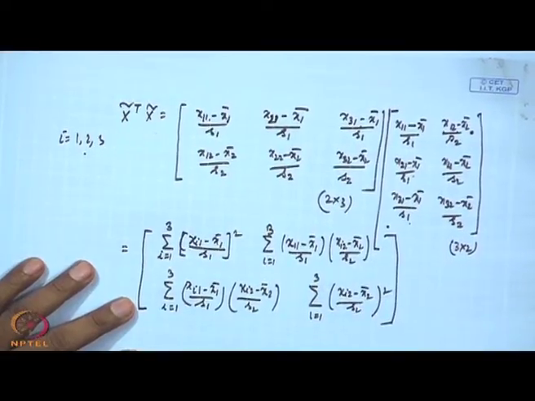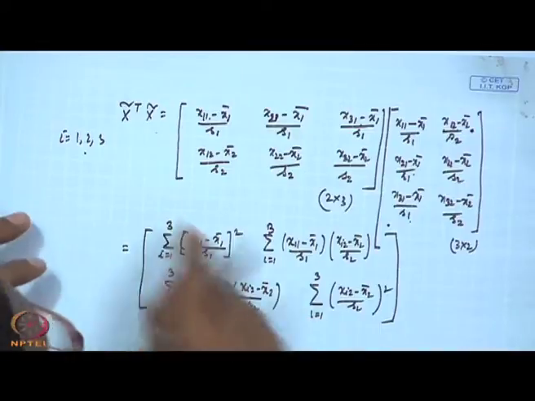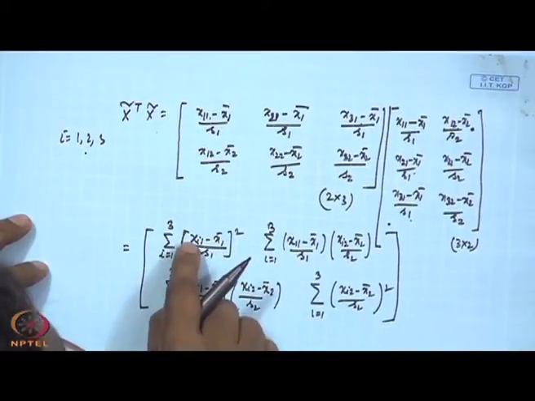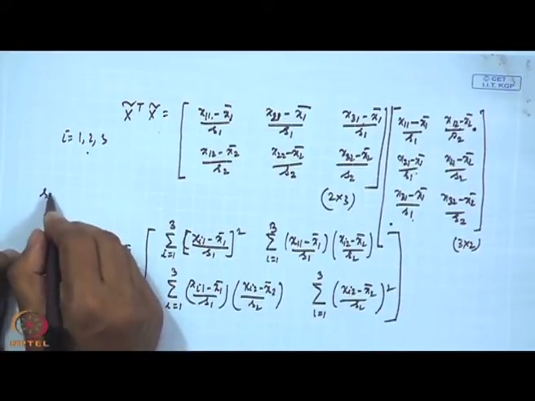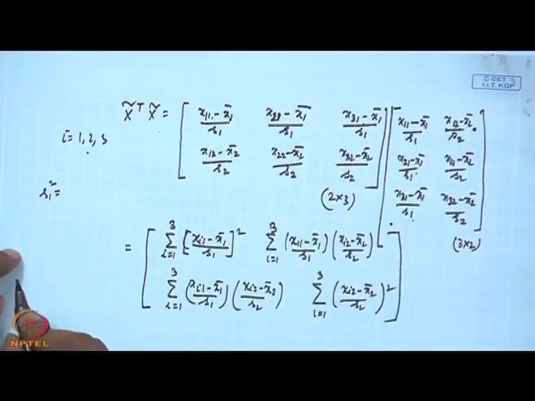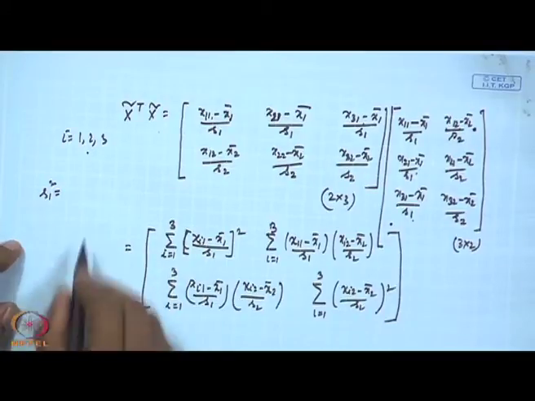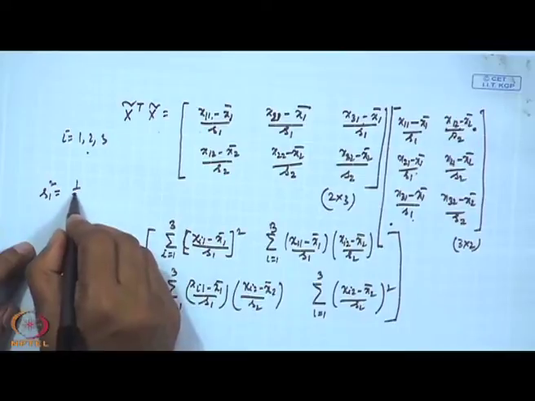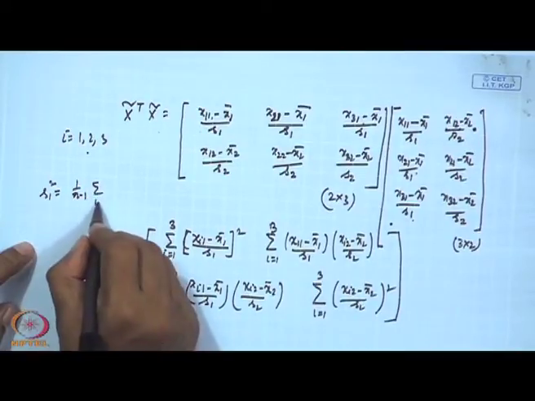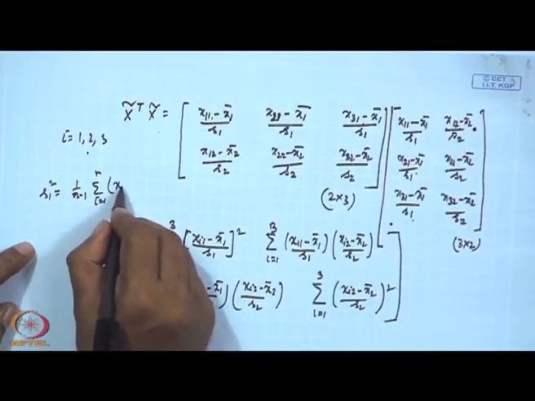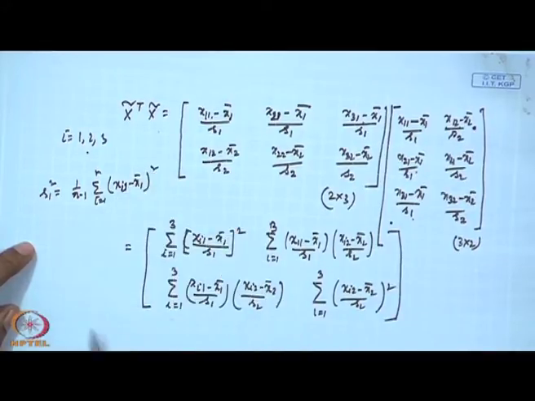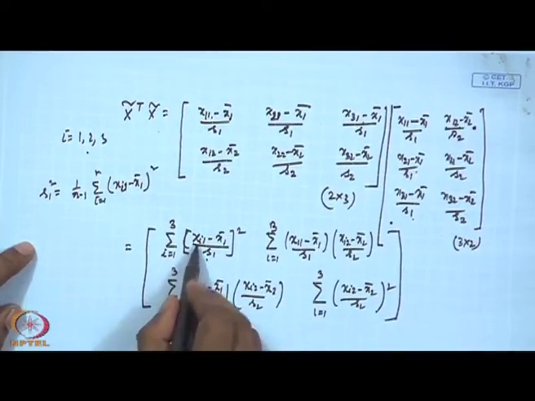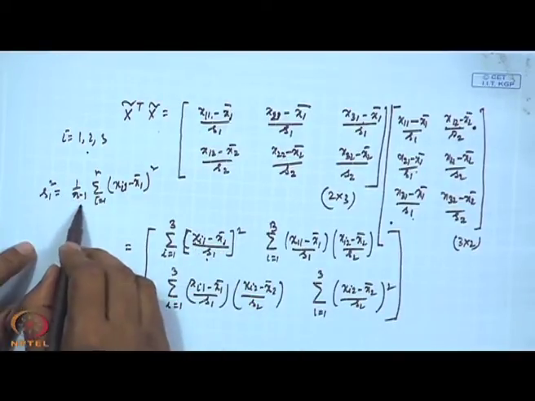Are you getting any similarity here? Any clue? If I ask you what is S1 square, suppose n equal to 3, then S1 square is 1 by n minus 1 times the sum total of i equal to 1 to n of (x i1 minus x1 bar) squared.